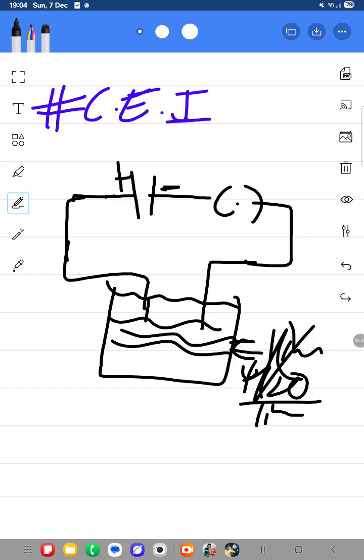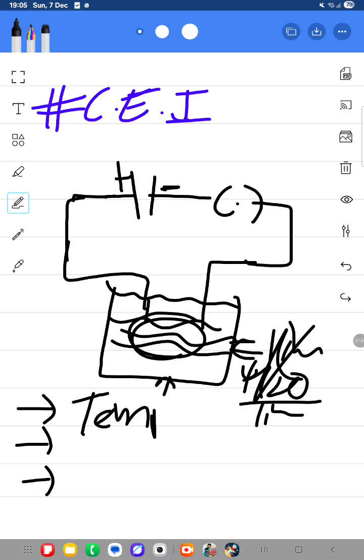Now when we switch on this circuit, the electricity will pass through this conducting liquid, which is also known as electrolyte. When it passes, we will see some changes in this liquid. Its temperature can increase.